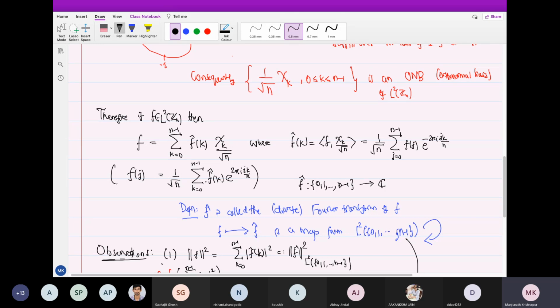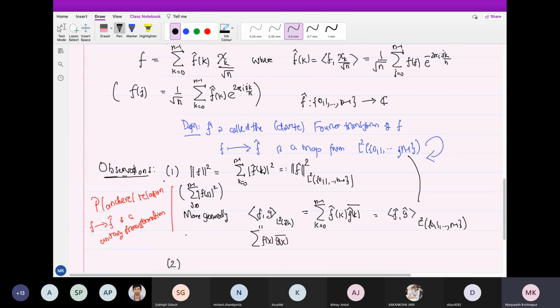The way you get f from f hat and the way you get f hat from f are almost identical except for the negative sign here. So that is another small observation. It's almost like its own inverse. It's not exactly the same because this has a negative.